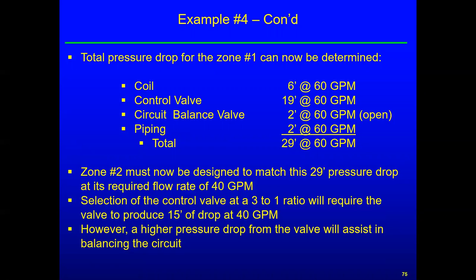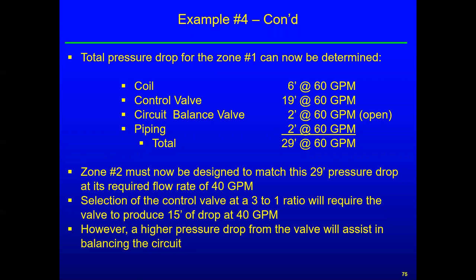We've got a balance valve, which when it's wide open is 2, and he's got additional piping drop of 2 feet in there, so he gets 29 feet at the 60 GPM. So zone 2 must now be designed to match this 29-foot drop at 40 GPM.